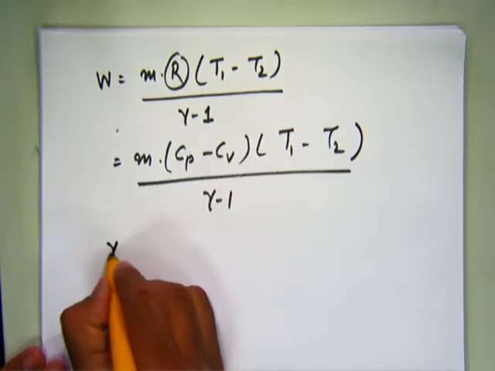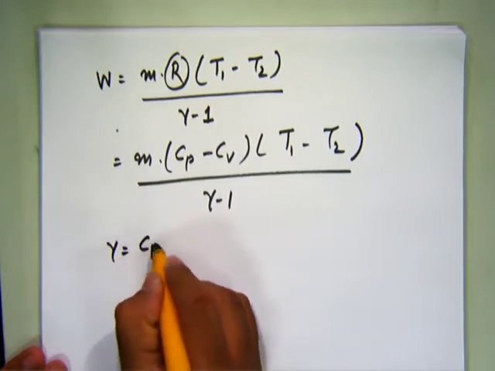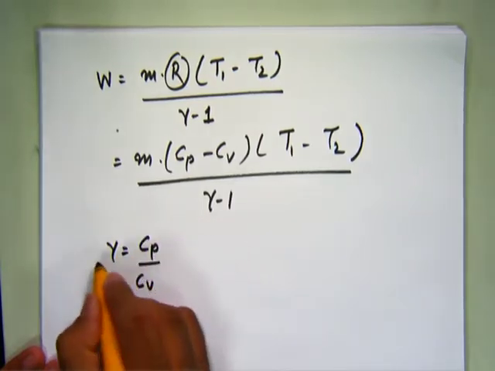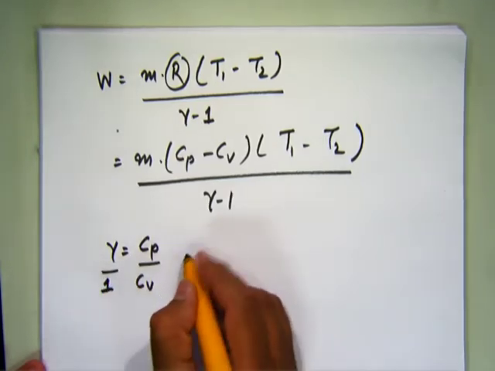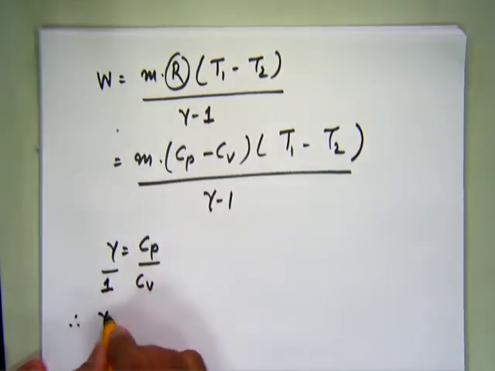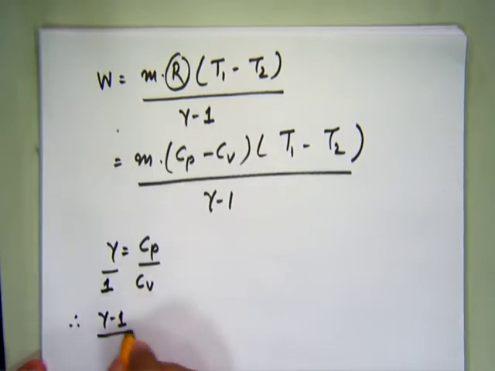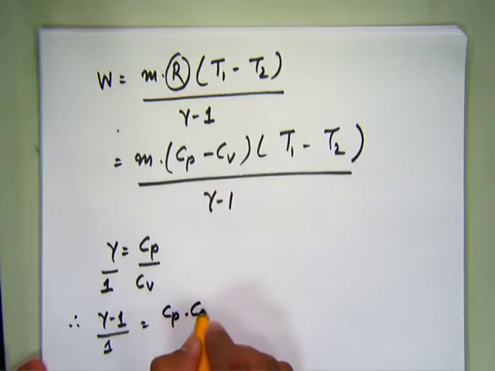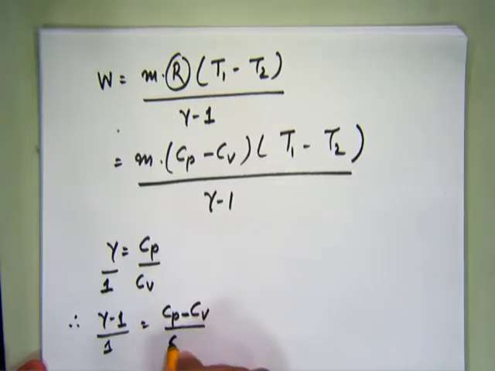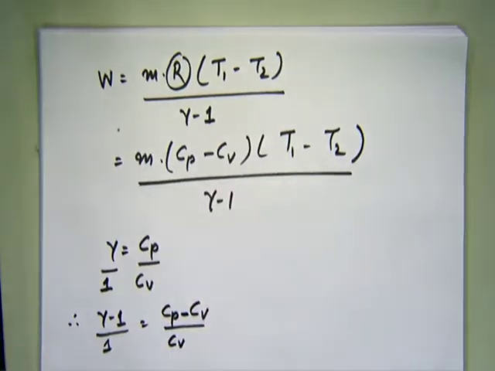We know that gamma is equal to Cp by Cv. So this is nothing but basically gamma upon 1. So therefore you can write down gamma minus 1 upon 1 is equal to Cp minus Cv upon Cv.